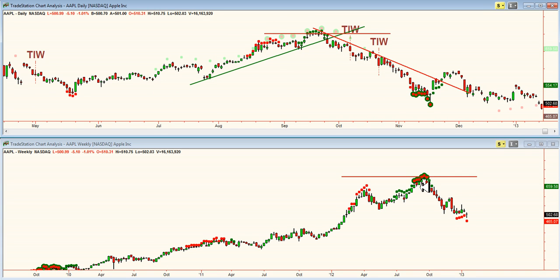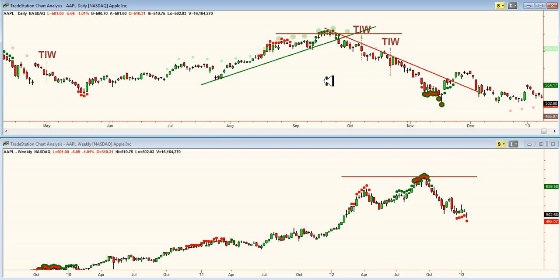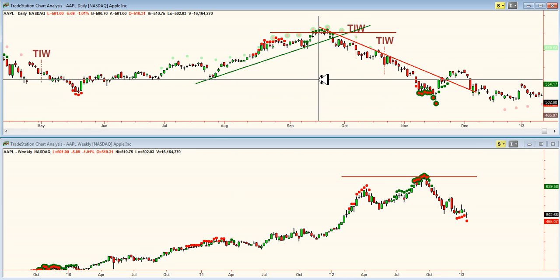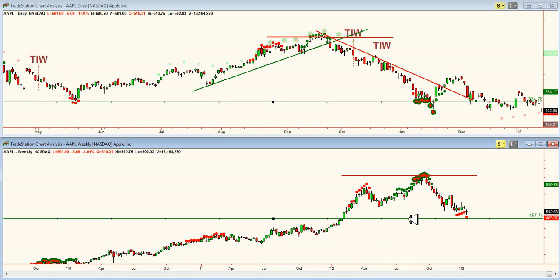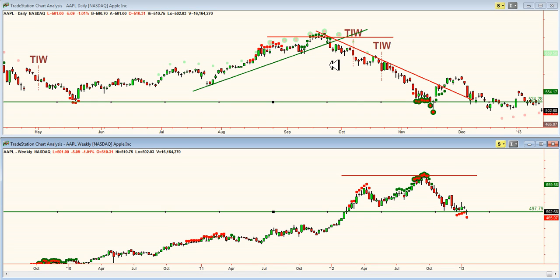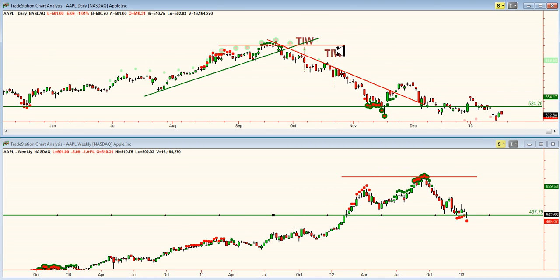When we have the combination weekly and daily extended both red and green, you're usually going to have a very sharp reversal back to where the dots started, and you can see that with Apple here where we went back to where those dots started on the weekly chart, and that's where we actually are today as of this recording.